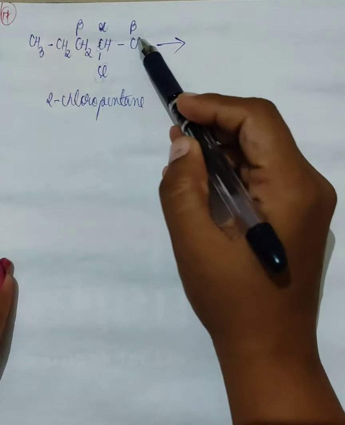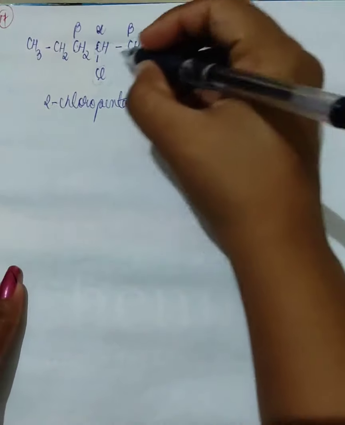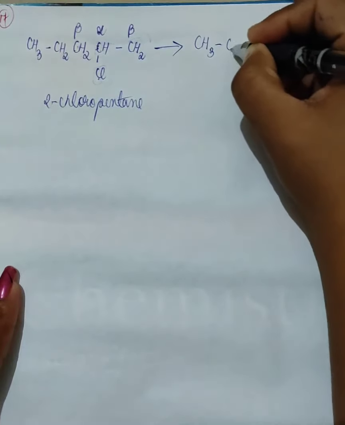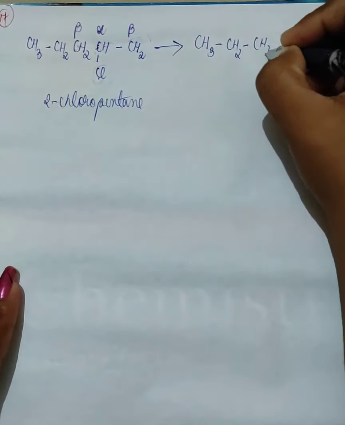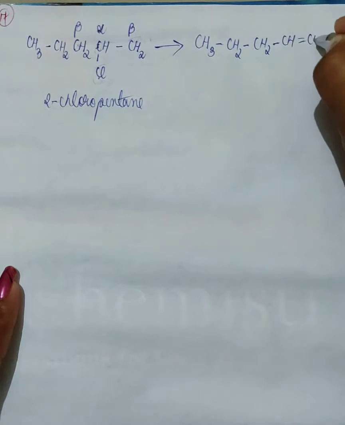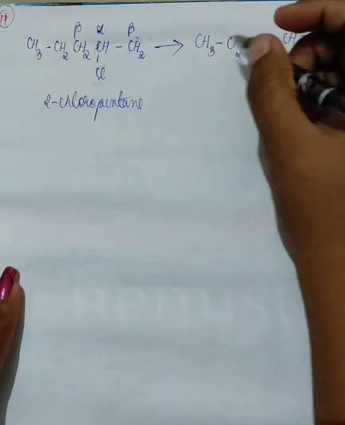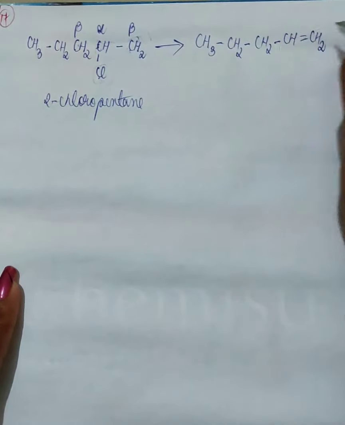If in the first case the hydrogen leaves from here and the halogen also leaves, we will get CH3, CH2, CH2, CH double bond CH2, because one has left from here, so it becomes a double bond. This is our first case.